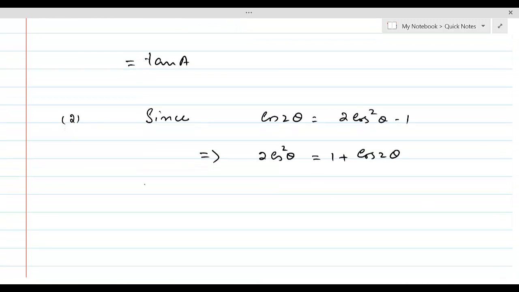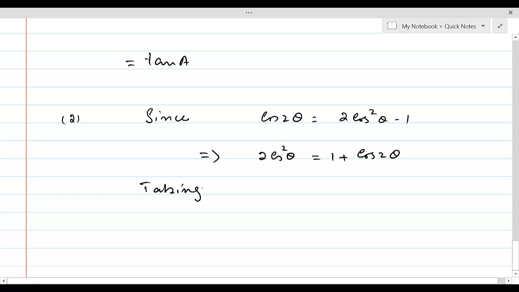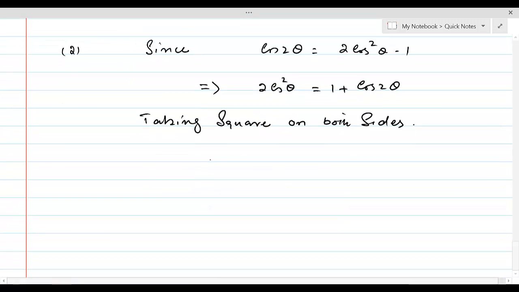Now we are going to take square on both sides. Taking square on both sides, we have 2 cos square theta, squared on this side, equal to 1 plus cos 2 theta, squared on this side.